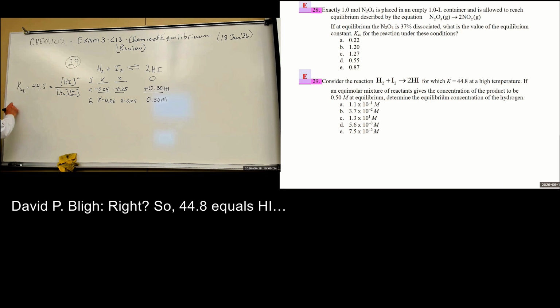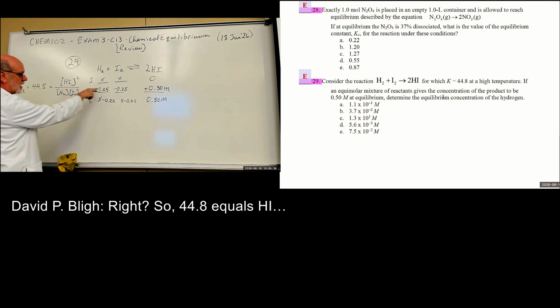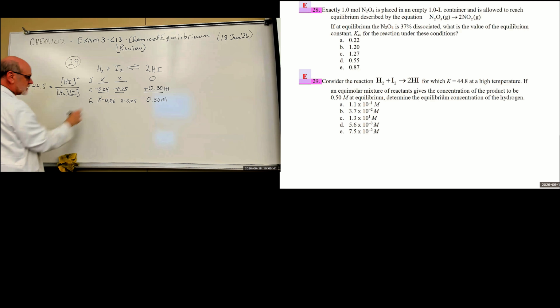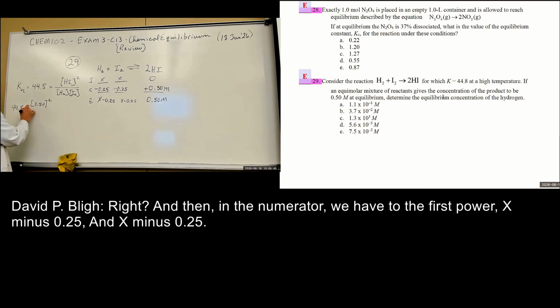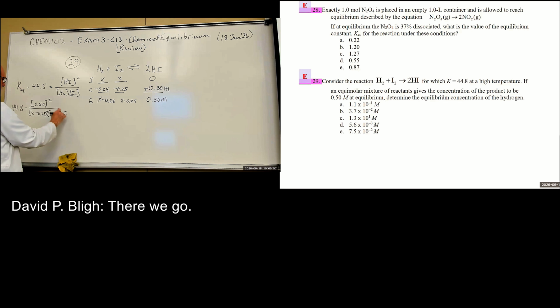So 44.8 equals HI, and then in the numerator we have, to the first power, X minus 0.25 and X minus 0.25.